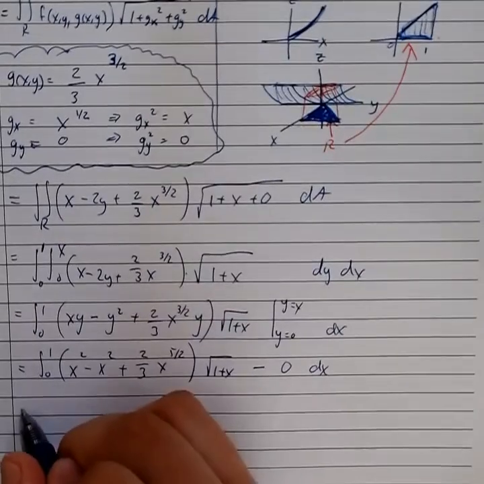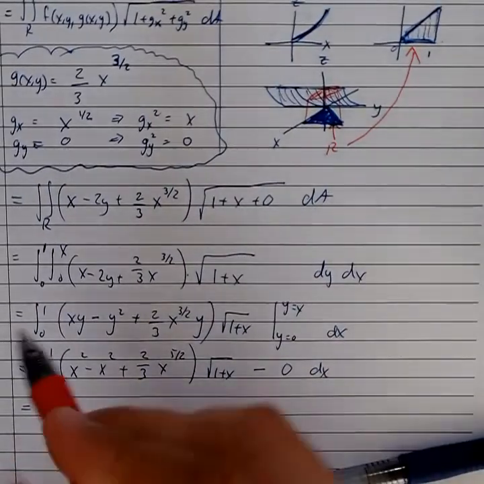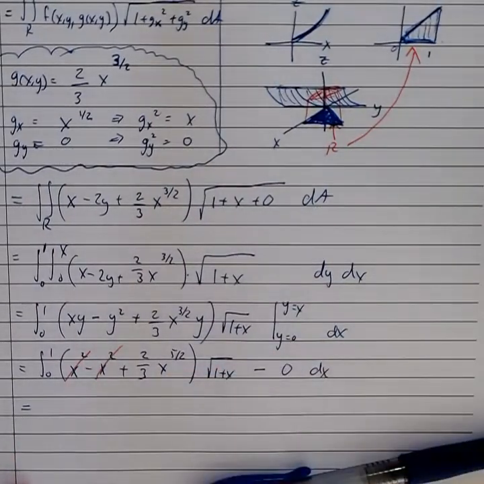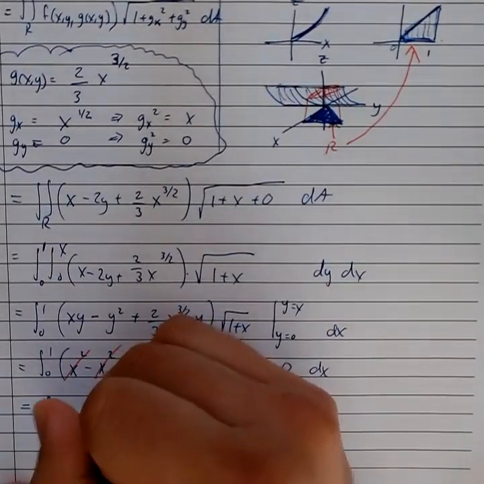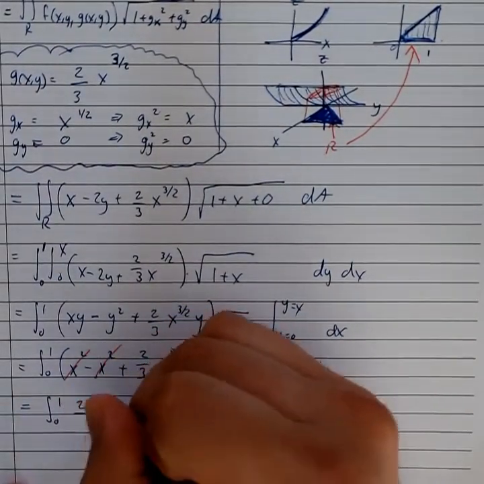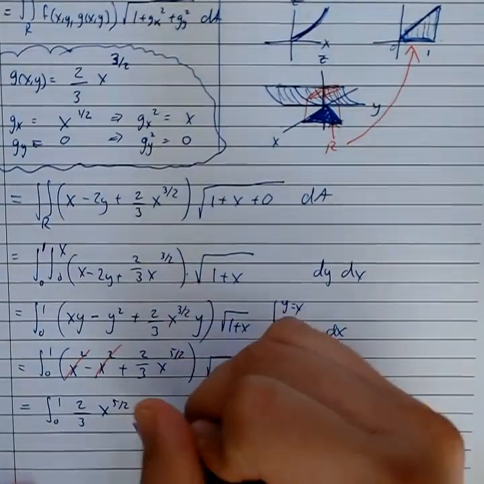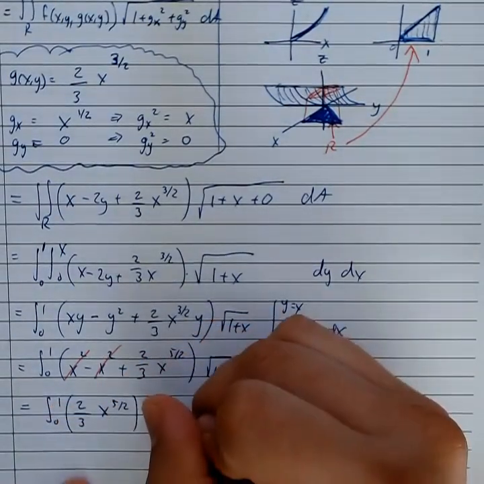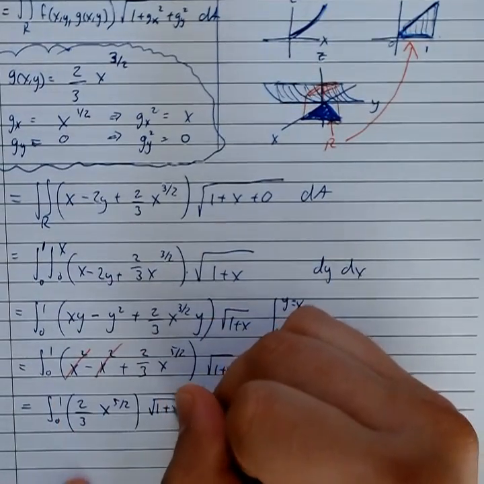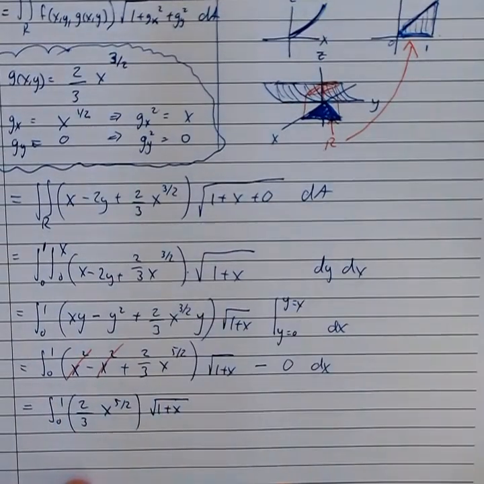Okay, so here some stuff simplifies. I have x squared minus x squared goes away, and I'm left with an integral from 0 to 1 of 2/3 times x to the 5 halves times the square root of 1 plus x. Just like that.